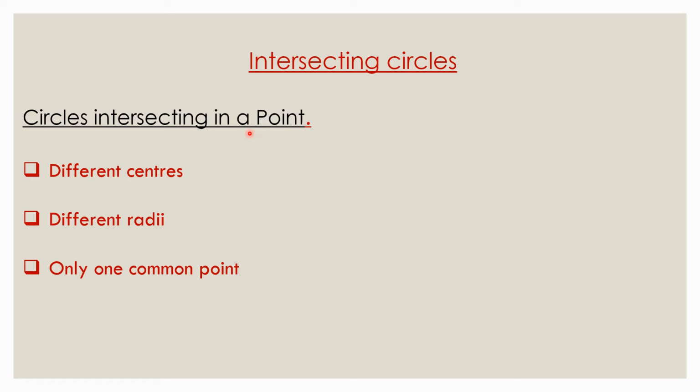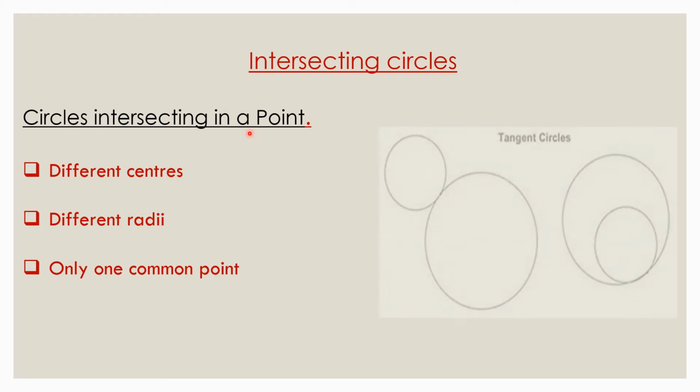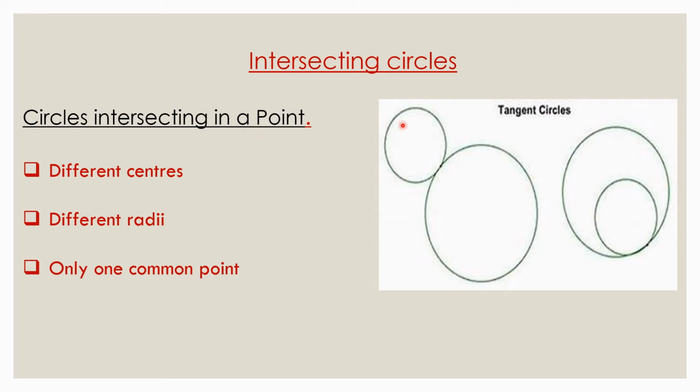Here I am showing the figure. The two circles are intersecting in one point and here also the two circles are intersecting in one point, and these two circles having the different centers and different radii and intersecting in one point. This type of the circles are called tangent circles.